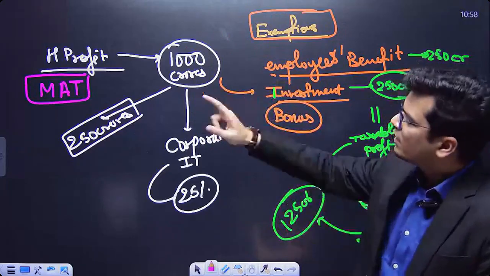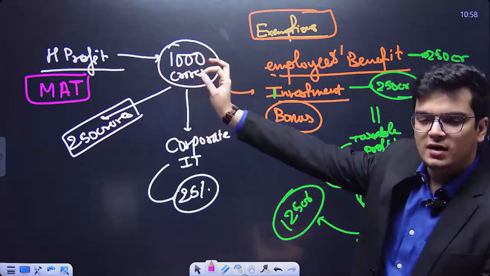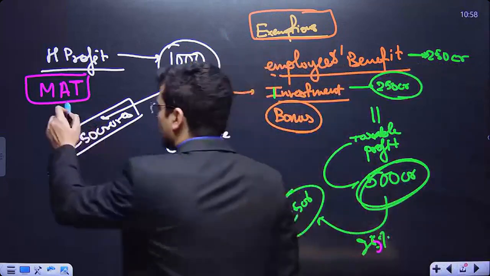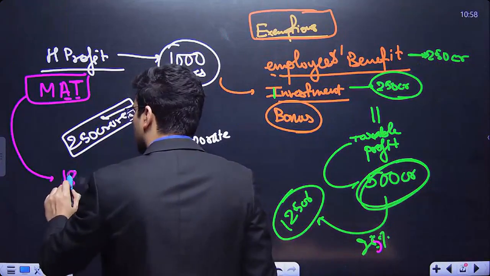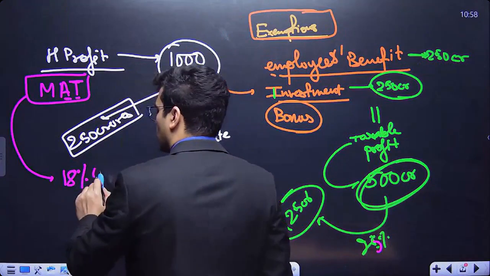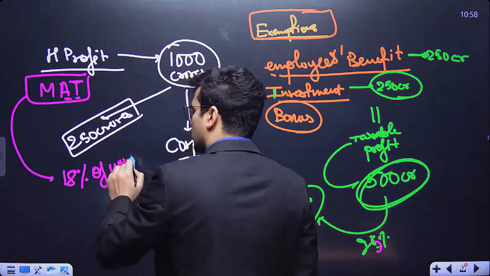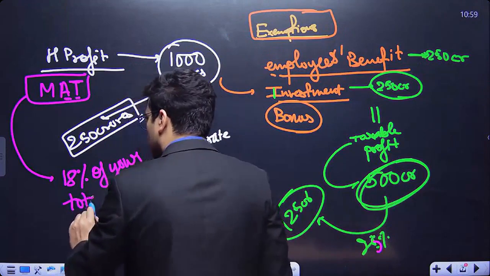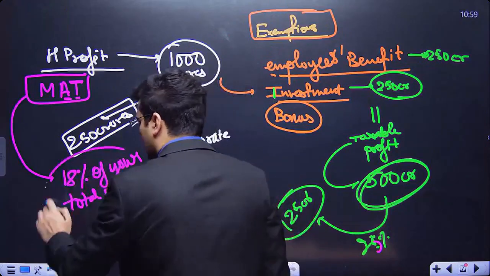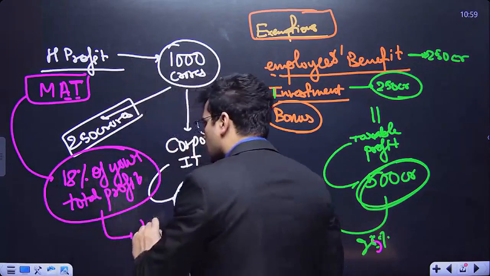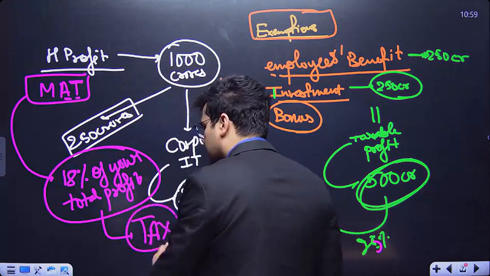I'll repeat, what does that mean? Government says we are giving a new system called minimum alternate tax, an alternate system of taxation, meaning that 18% of your total profits, not your taxable profit, 18% of your total profit must always come as tax.